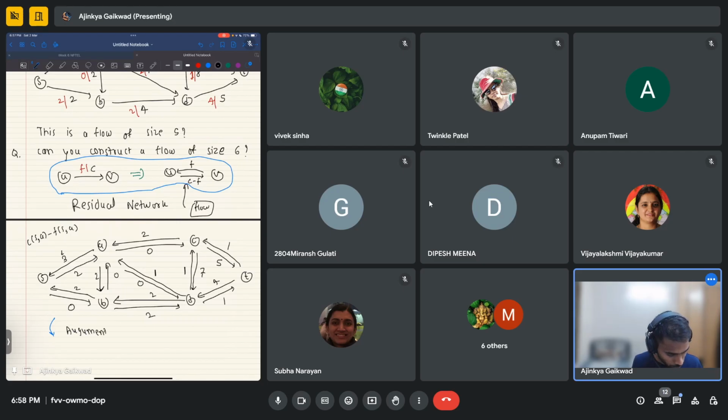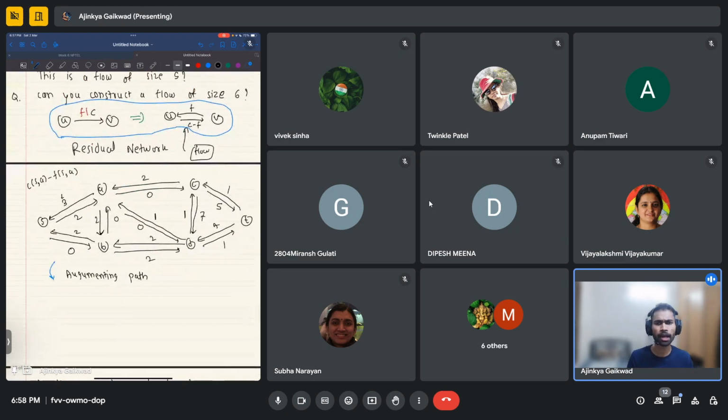Augmenting path. Okay. So what is an augmenting path? It is just a path from S to T, where you have a path from S to T whose capacity is at least one in each edge. While going from S to T, I will use these directed edges, and I have to see if there is a path from S to T such that every edge on that path has capacity at least one.